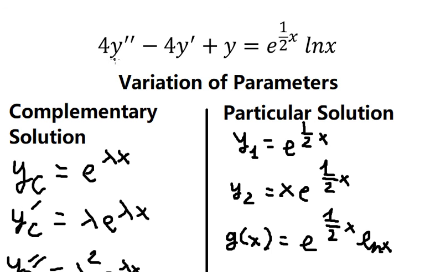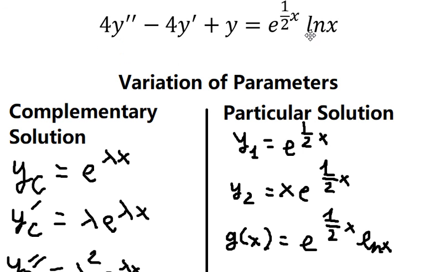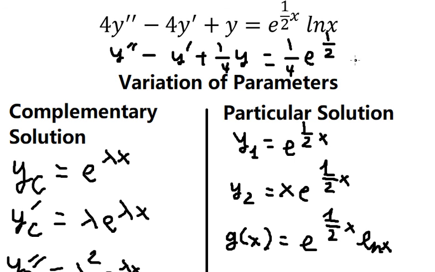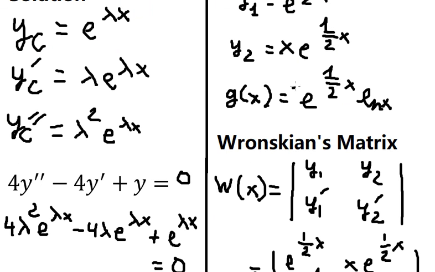The next one, we divide both sides by 4. So in this one in here, we have like this. So that means for 3s, we need to have 1/4.